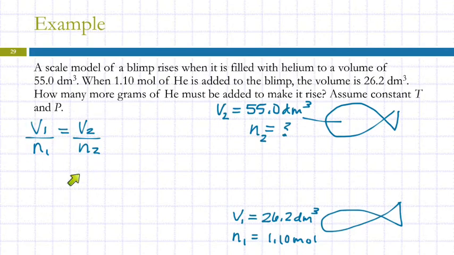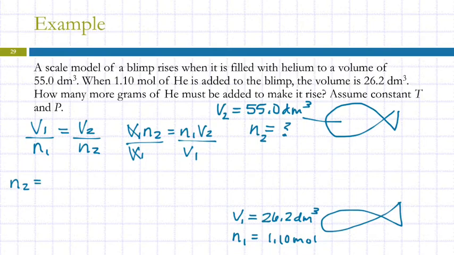This is where the cross-multiplying really comes in, because students will do it wrong. Anyway, V1 N2 equals N1 V2. Cross-multiplying to get rid of the icky fractions. Divide by V1 on both sides. So the amount of gas when it's floating is going to be equal to N1 V2 over V1.